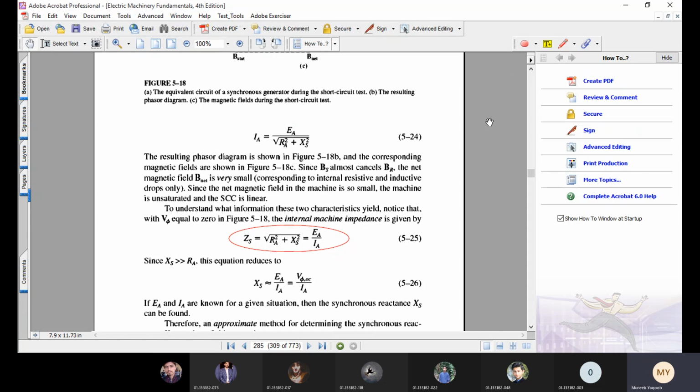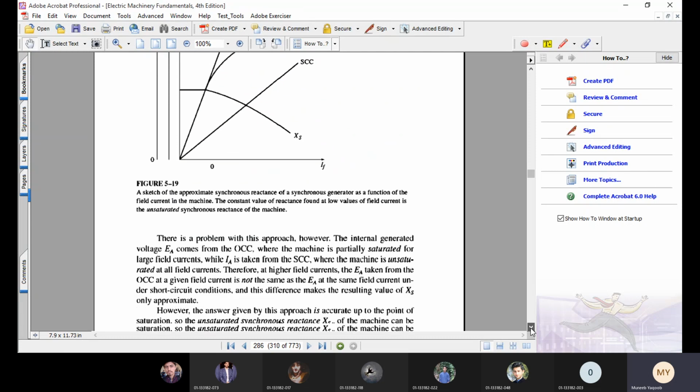So we can compute the synchronous reactance approximately using this formula: synchronous reactance equals the open circuit internally generated voltage divided by the short circuit armature current. If we want to directly compute the synchronous reactance, we can, but it would be an approximation, though not a bad one. It is a good approximation. We will come to know this later on.